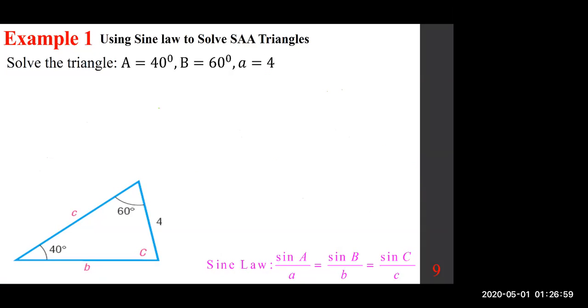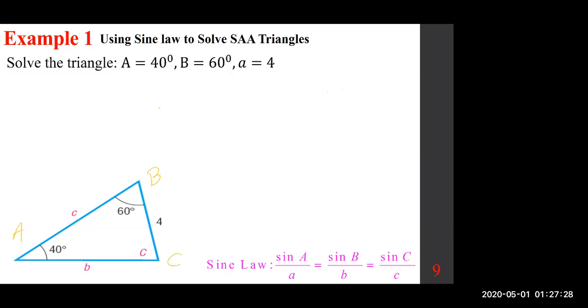We want to solve the triangle where A is given as 40 degrees, B is given as 60 degrees. So this is A, this is B, this is C. I hope you see A, B, C and the opposite sides and all of the above. So it's really not a big deal.